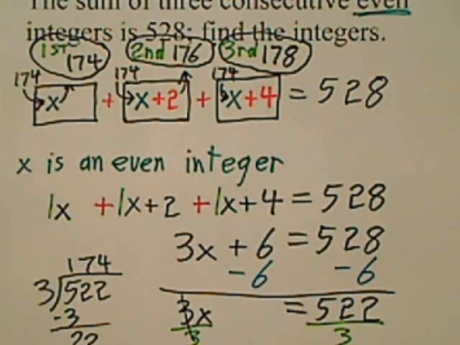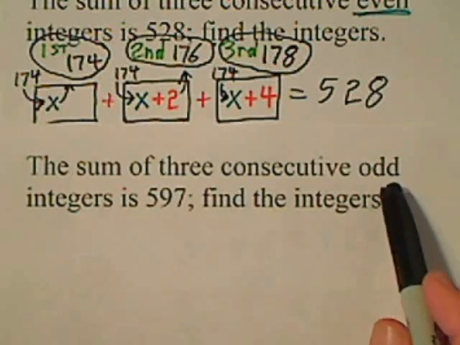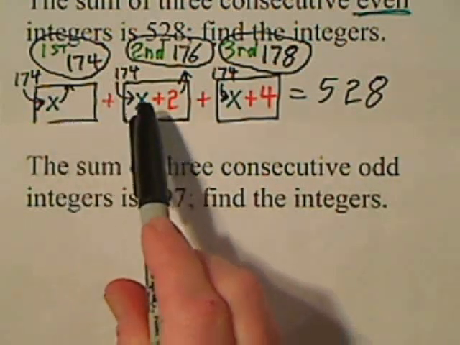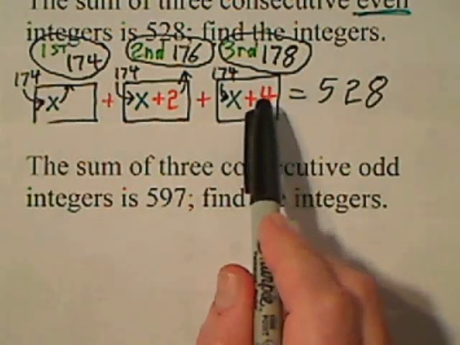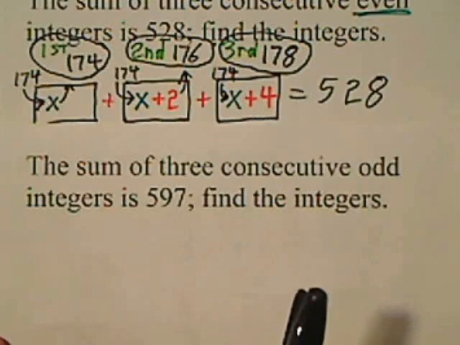And you might be surprised that if we're looking for consecutive odd integers, you actually use the same arrangement. You might think, well, wait, 2 and 4 are even numbers.